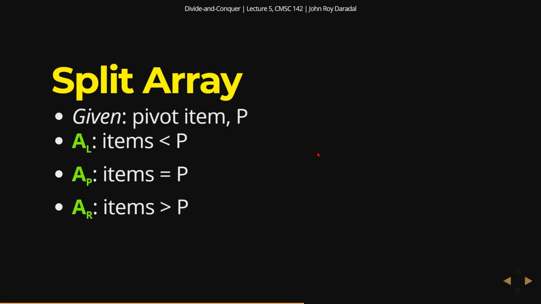So what are these three subarrays? Given the pivot item P, we put all items that are less than P in A sub L, the left part of the array.